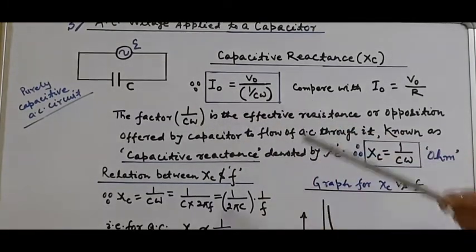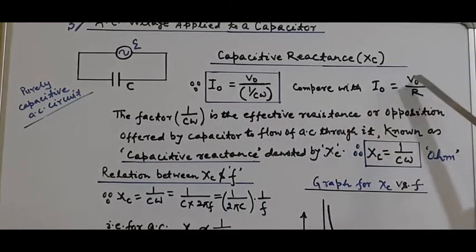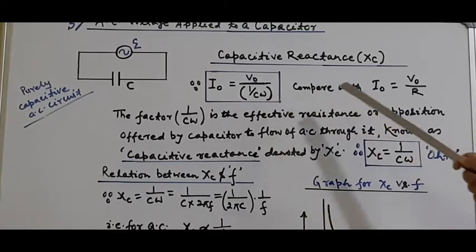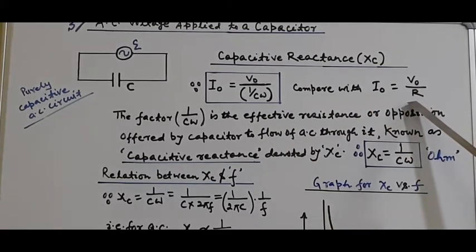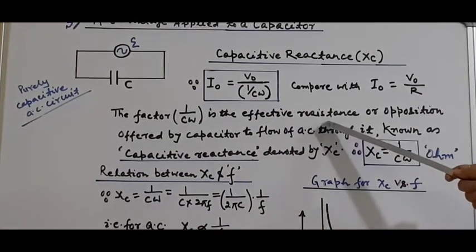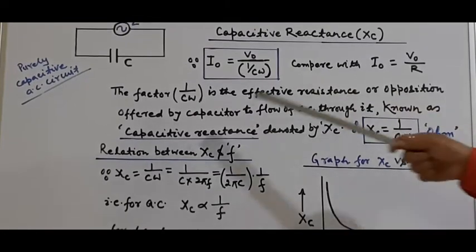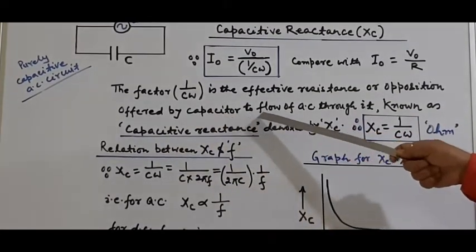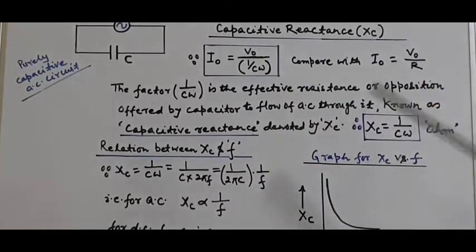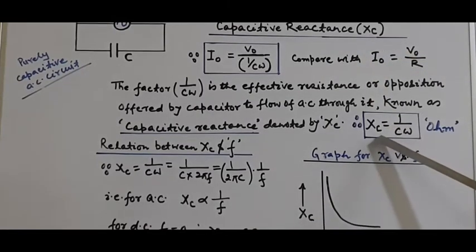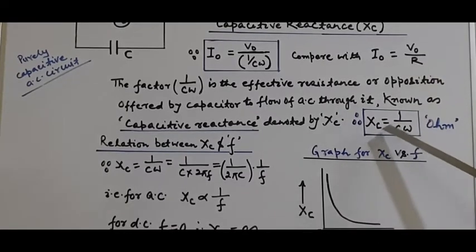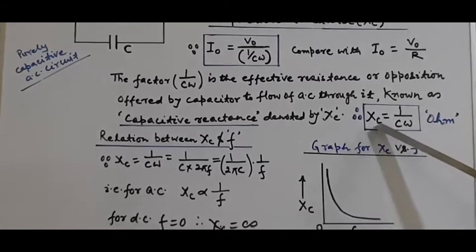If this relation is compared with the ohmic relation I naught is equal to V naught by R, we can say that this factor 1 by C omega is analogous to R. So we can say that the factor 1 by C omega is the effective resistance, or opposition offered by the capacitor to the flow of AC through it, and this is known as capacitive reactance, denoted by Xc. So Xc is equal to 1 by C omega. Because Xc is analogous to R, its unit is the same as resistance, ohm. So the SI unit of Xc is ohm.